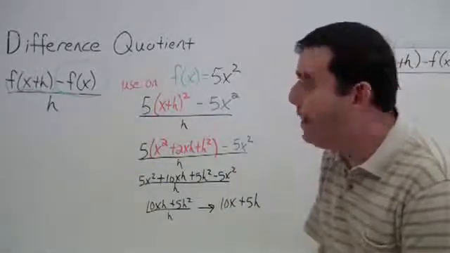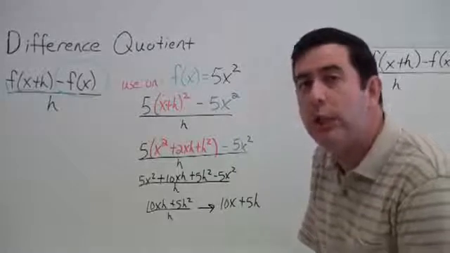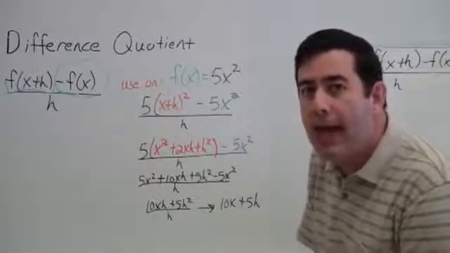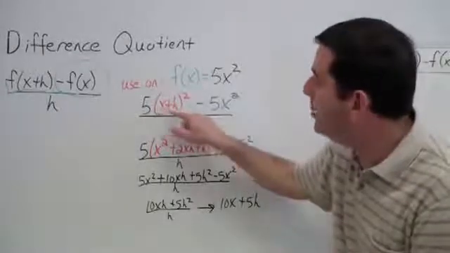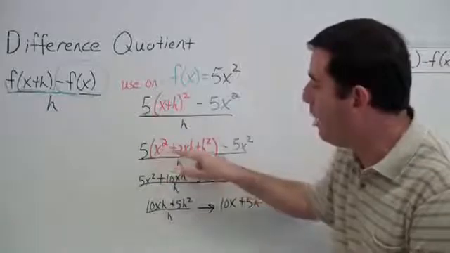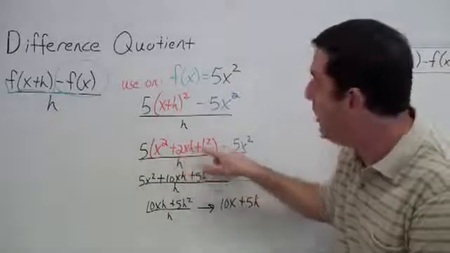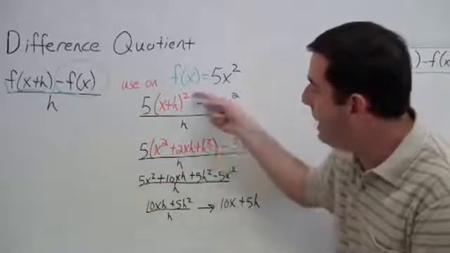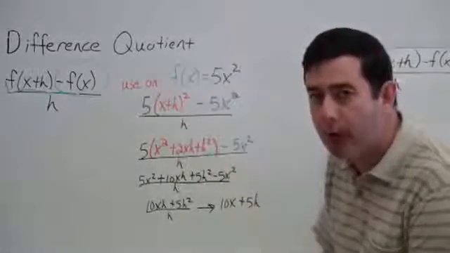Now from there, the next thing for us to do is to square the binomial. You probably want to go ahead and memorize that x plus h squared will result in x squared plus 2xh plus h squared, because this is going to happen anytime that you have a square involved.